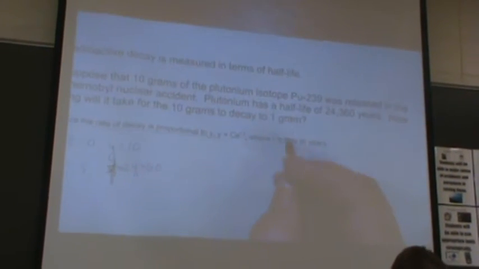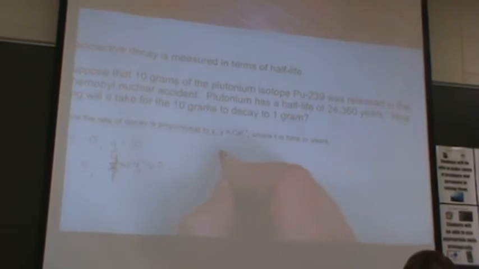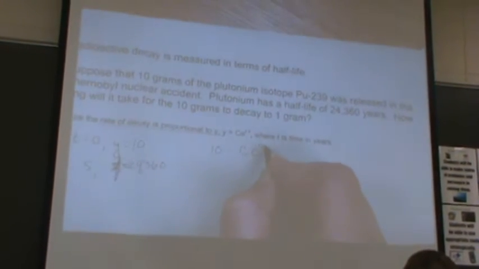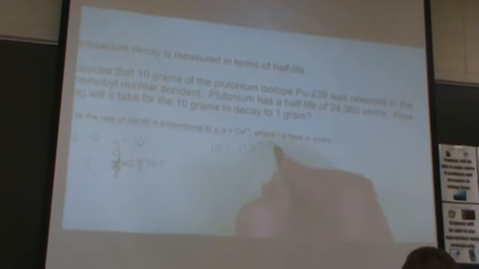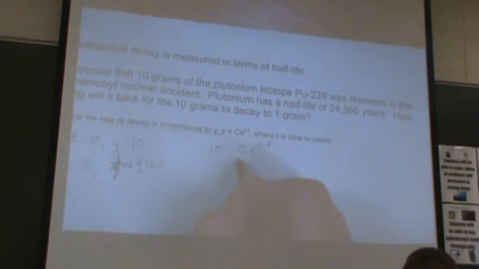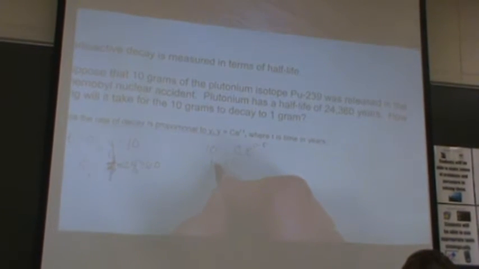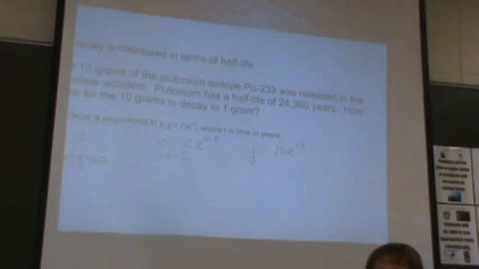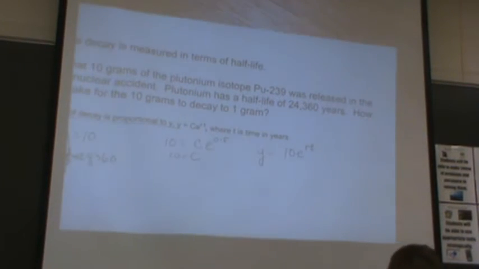So we have our equation. We know that 10 is going to equal c e to the 0 times t, or 0 times r, which means c is equal to 10. So we now know that y is equal to 10 e to the rt. So that's our beginning amount.